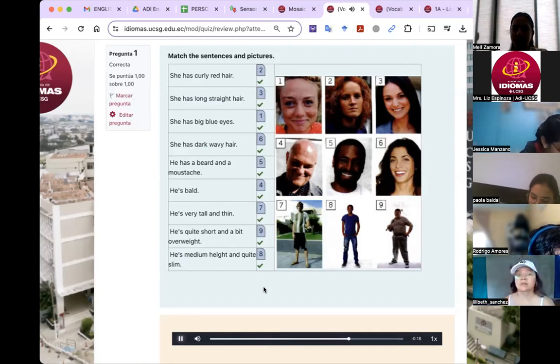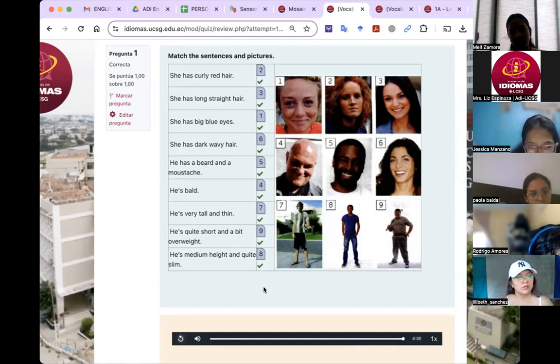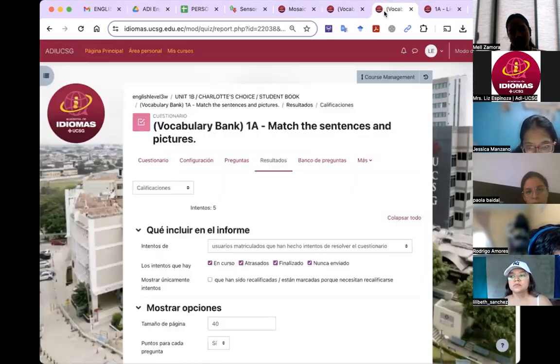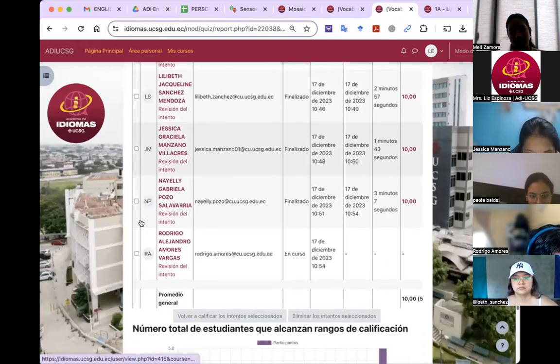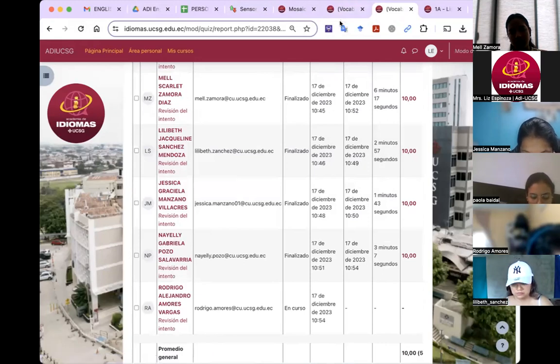He's very tall and thin. 9. He's quite short and a bit overweight. 8. He's medium height and quite slim. Okay, I'm gonna wait a minute.